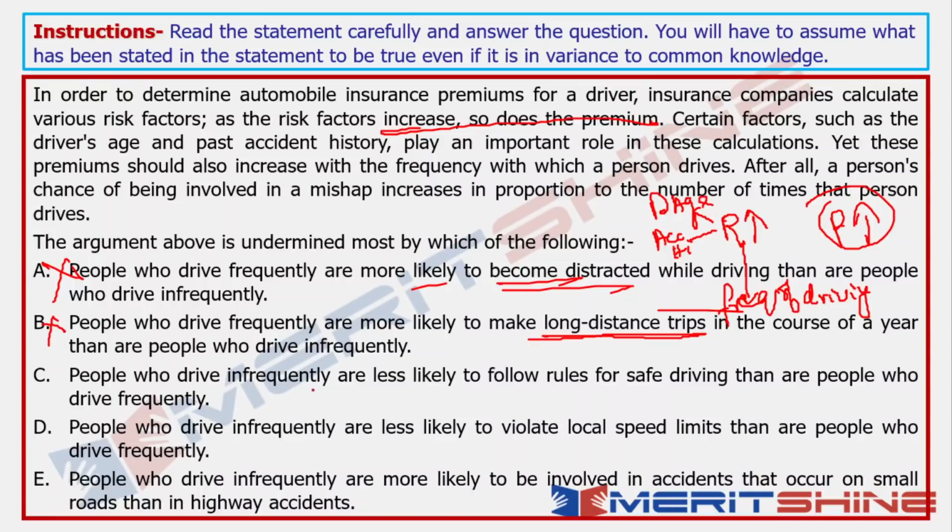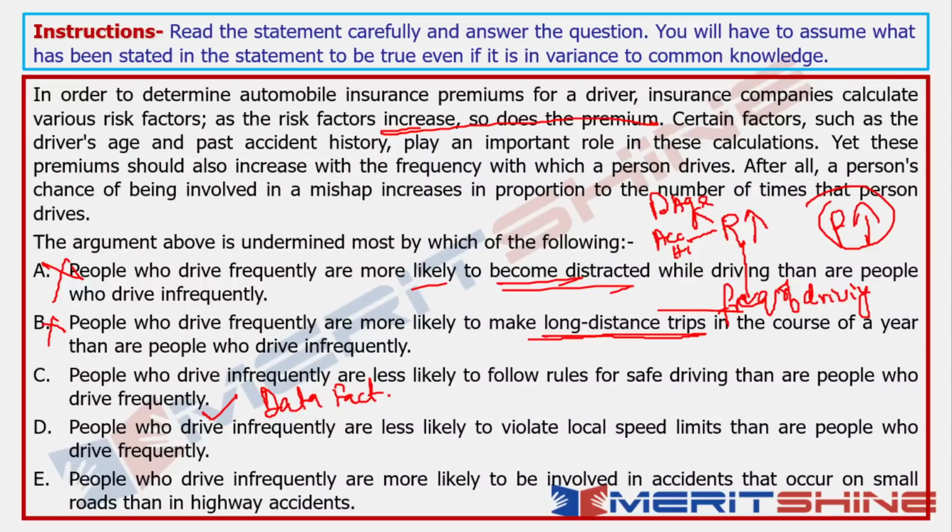People who drive infrequently are less likely to follow rules for safe driving than are people who drive frequently. Now see, there is a fact that says something opposite to the argument's stand. The argument is standing on the fact that the risk of driving frequently is higher than the risk of driving infrequently. But look at C. It says those who are infrequent drivers do not follow rules.